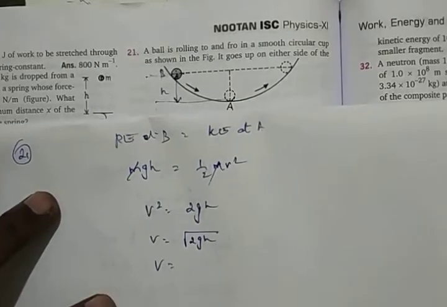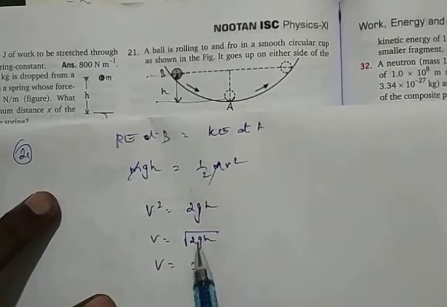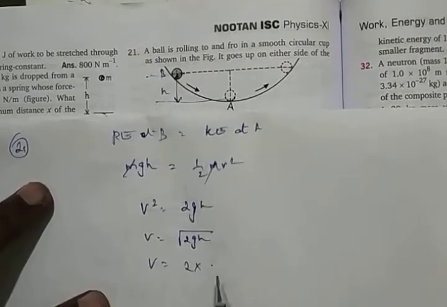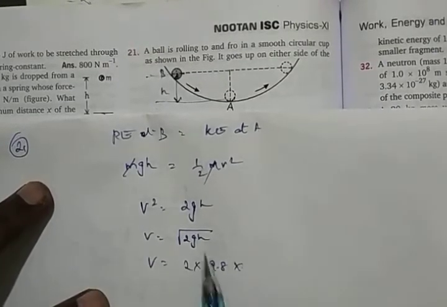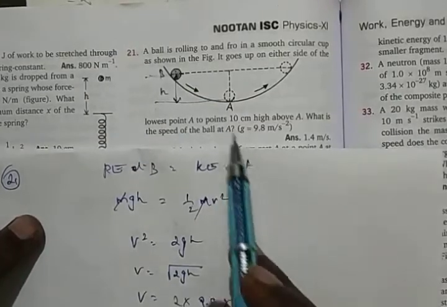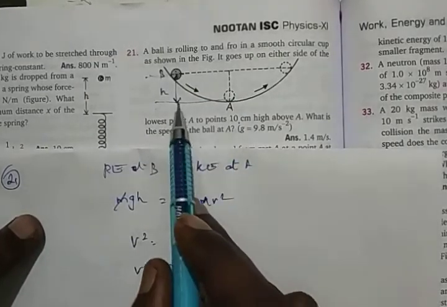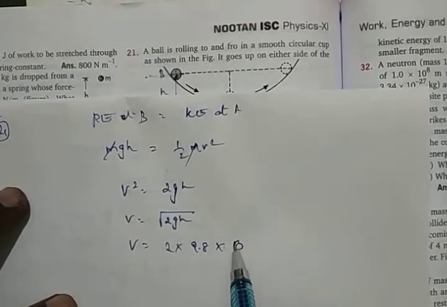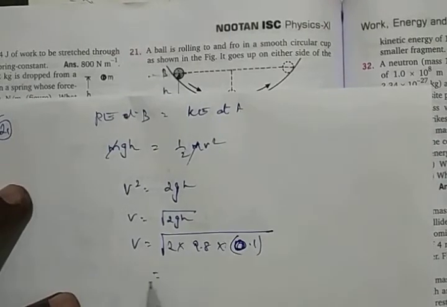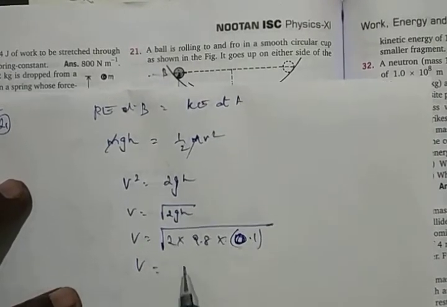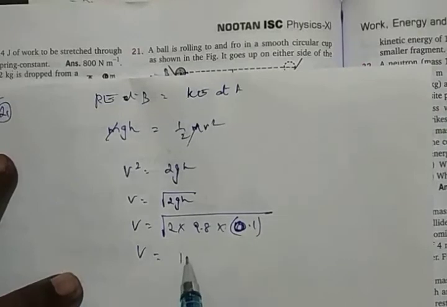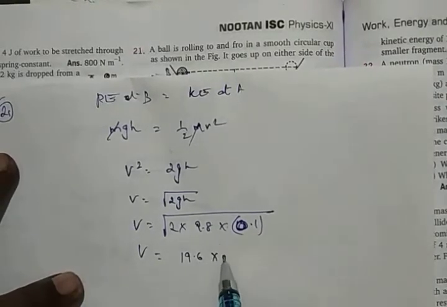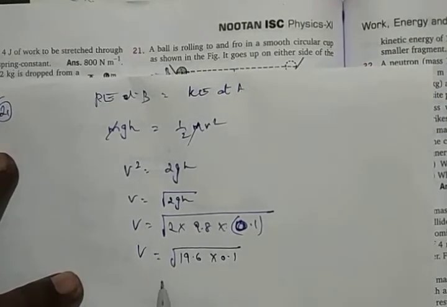So we need to find out the v value. Quite easy now. 2 into g, which is 9.8, into height, which is already given as 10 centimeter, because from here to here it is 10 centimeter. That is 0.1 under root. So it's 19.6 into 0.1 under root.